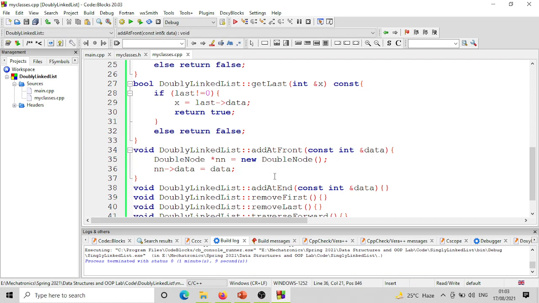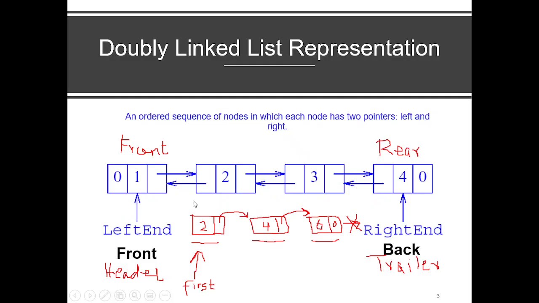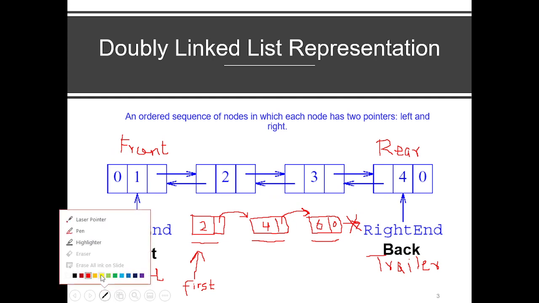ठीक है? अच्छा, now this node has to be inserted at the front. So let us look, this is the front. So we want to insert a new node here at the front. So uska, what would be the implications? So let me show it here first and then we will do it there. Okay, so let me get a pen.